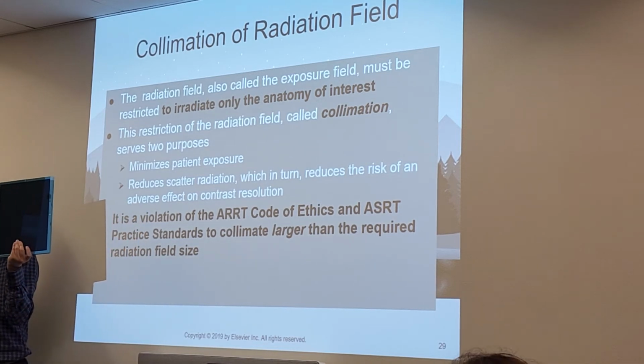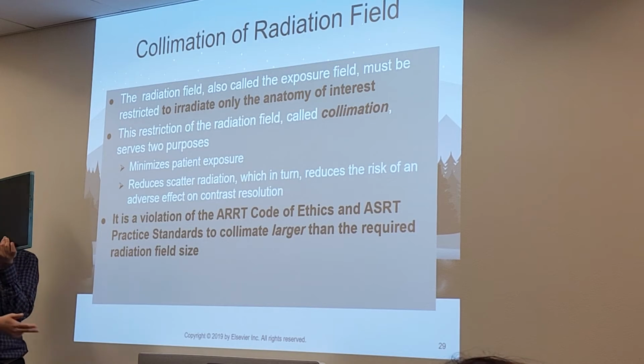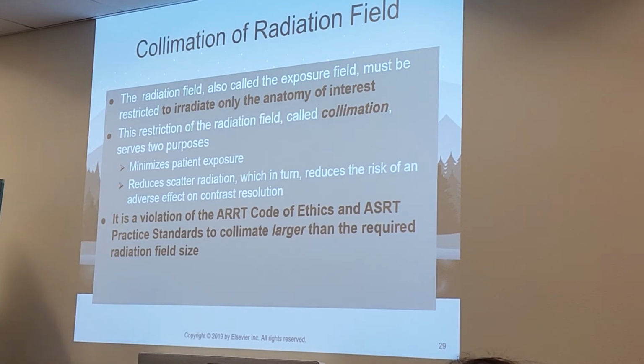Why? Because all that extra X-ray will not do anything for the patient. It will not do anything for the image. My image only requires a 10 by 12 collimation size. Anything larger than that, and I am unnecessarily exposing the patient.